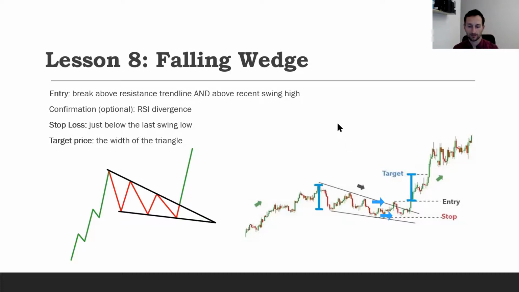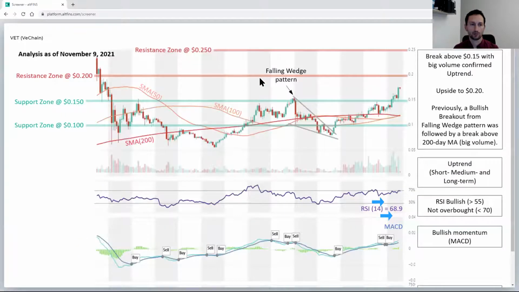And if you look at the real life situation with VeChain, that's what happened. The width of the wedge was right here, and in fact, from this point, it totally reached that target. It took a while, we're talking about a month and a half, but of course you could set the target a bit lower.